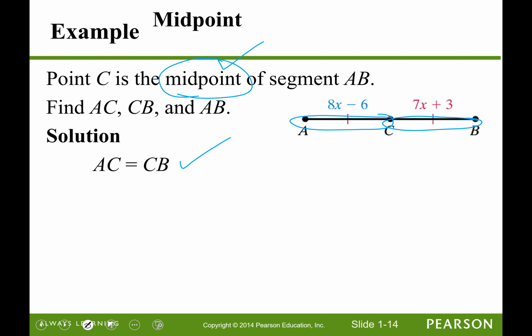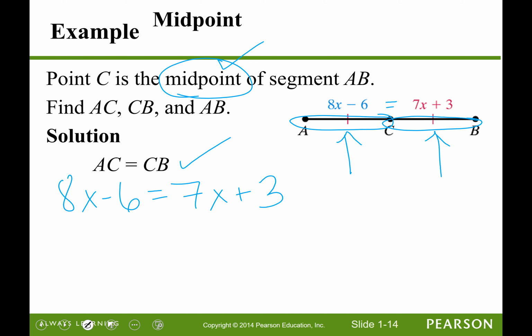Number 1, by definition of midpoint, but also if you look at the geometric code right there and you see that you have 2 congruent parts, you can always set whatever expressions represent them equal to each other.